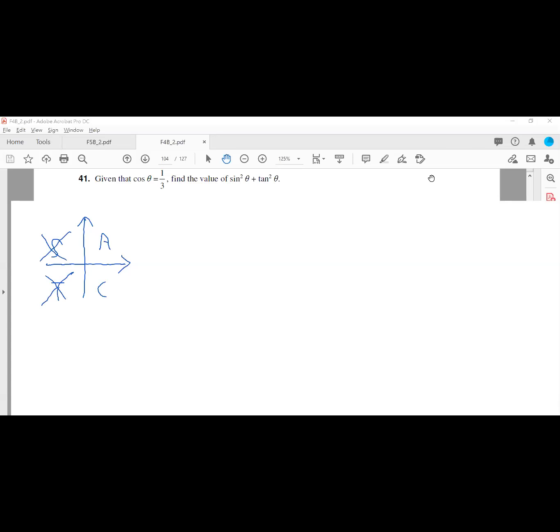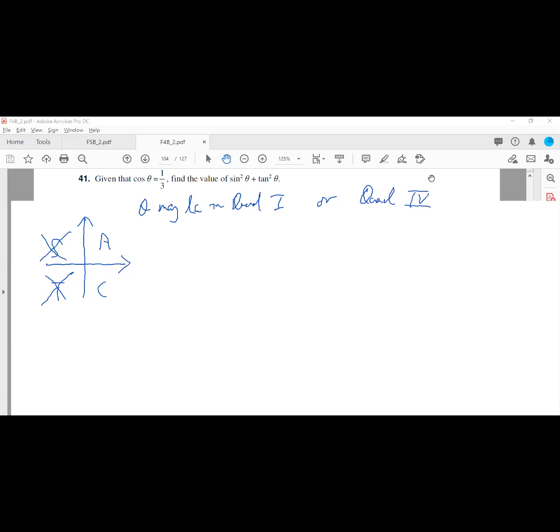Okay, so theta may lie in quad 1 or quad 4.